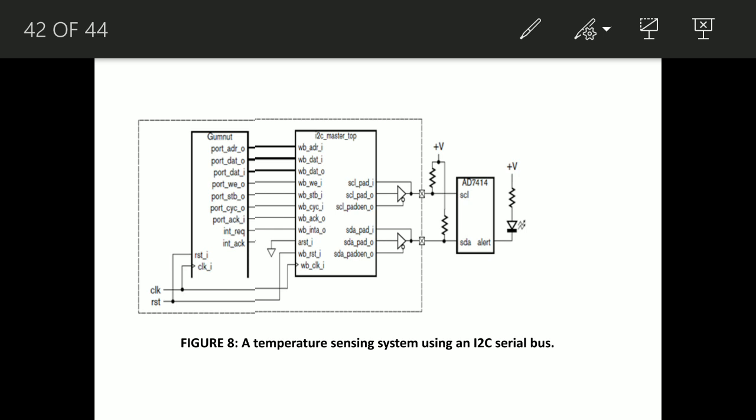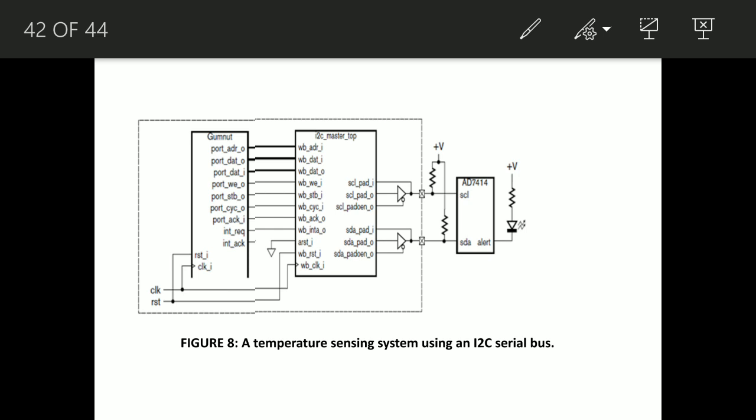The output ports and the input ports of the GumNet core are connected to the I2C interface bus, and the pads of the I2C are connected to the temperature sensor device. Don't worry about the significance of the input ports and output ports.